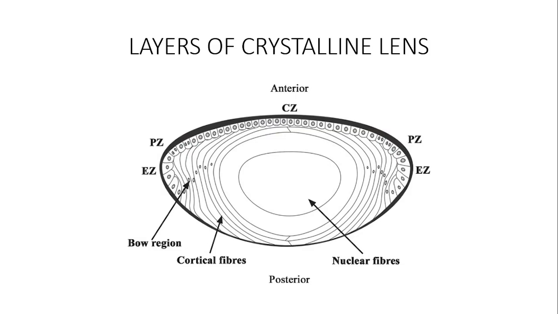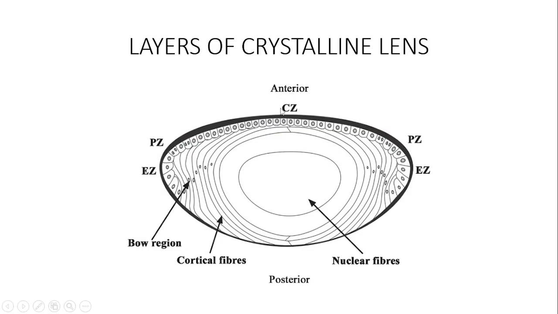Again, as I repeat, the epithelial cells go through mitosis and transform into what? Lens fibers. During this procedure, they lose organelles, like what?